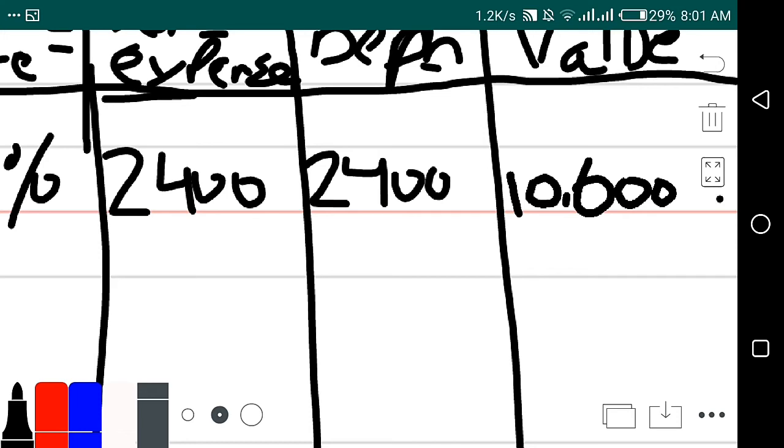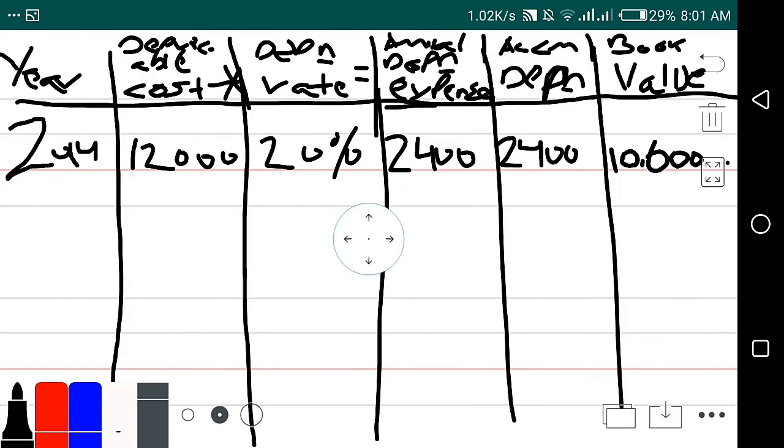Therefore, this is for the year 2040. The depreciable cost is 12,000. We multiply with the depreciation rate, it's 20%, and we get annual depreciation expense 2,400. Therefore, the accumulated depreciation for that year is 2,400, because there is no other accumulated depreciation before 2040, and the book value will be 27,600.